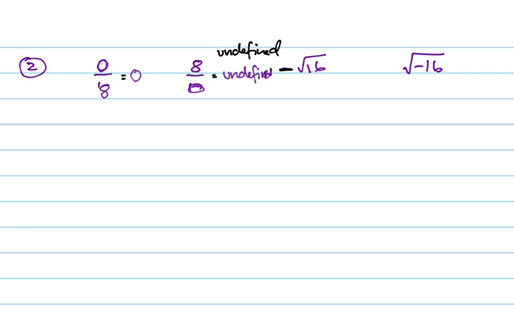Now I can spell undefined. Oh, I have it right there. Okay, don't need to write that. So we do have some problems with instances where we have a 0 in the denominator. That would make anything undefined, meaning that's not a y value. So there's some issues with that.